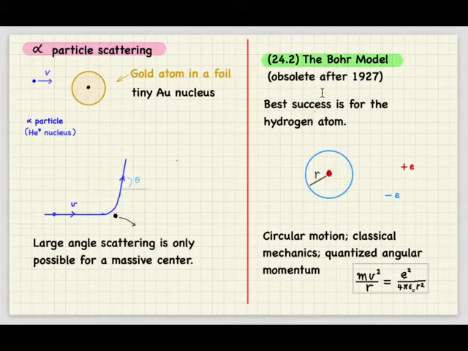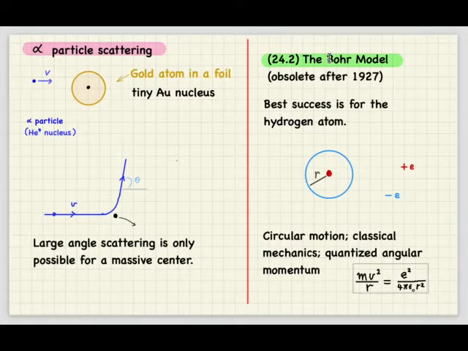But it had to account for the existence of atomic spectra: the fact that atoms don't radiate light of all frequencies. They only radiate light of certain discrete frequencies. That's called the spectrum.